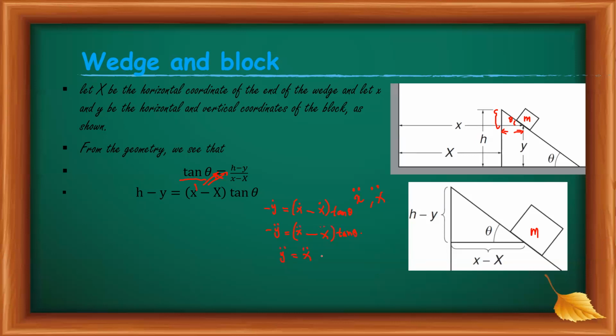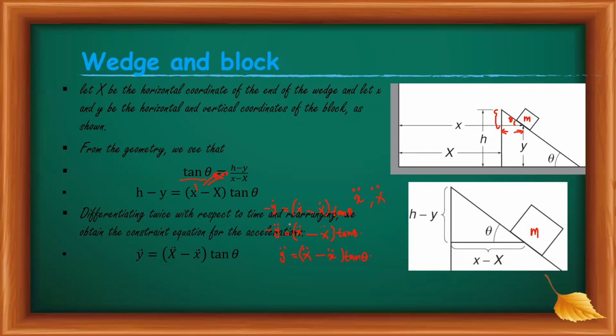So capital X double dot minus small x double dot into tan theta. So after differentiation, we will get the result as y double dot is equal to X double dot minus small x double dot into tan theta.